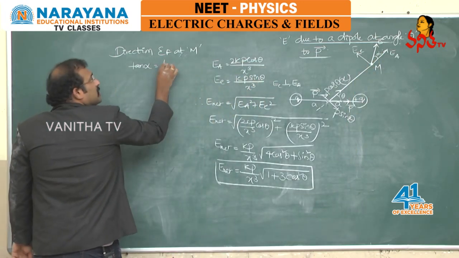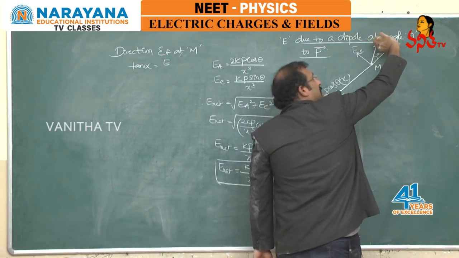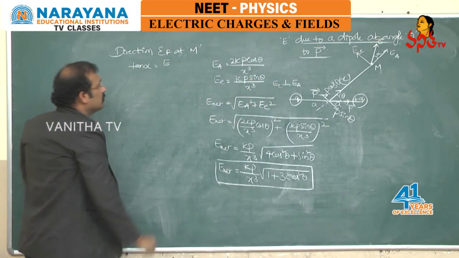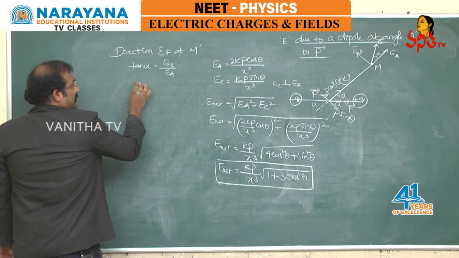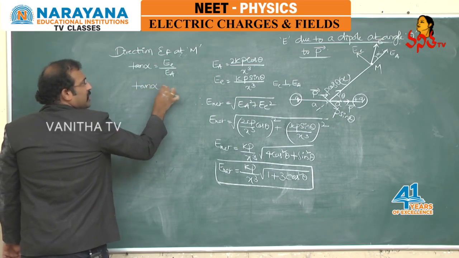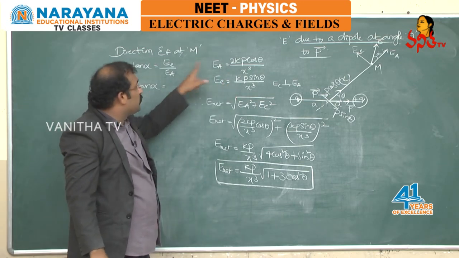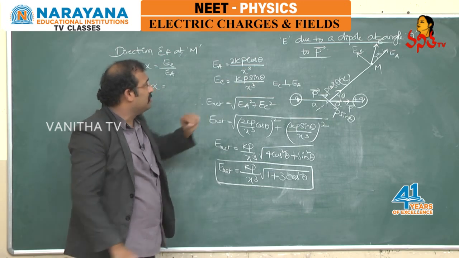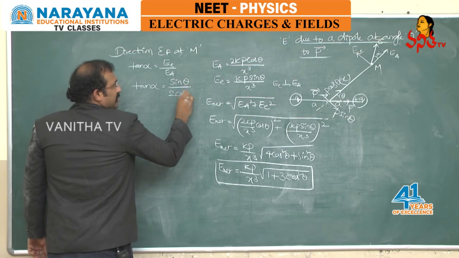So tan alpha is equal to EE by EA, opposite side by adjacent side. If you cancel them, kp by x cubed gets cancelled, leaving sin theta by 2 cos theta.